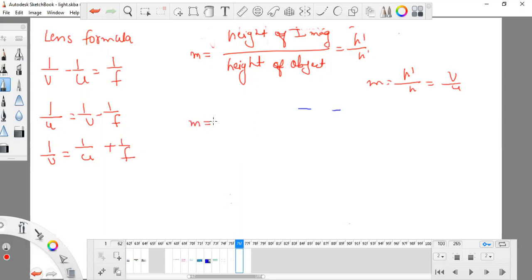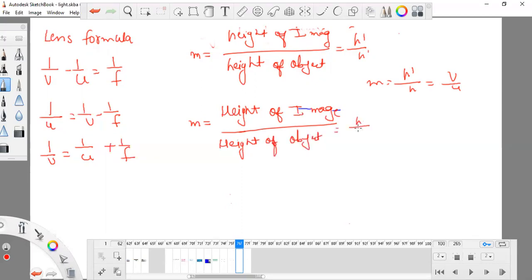M, that is magnification, tells whether the image is enlarged, diminished, highly diminished, or the same size. It is height of image upon height of object, that is h' upon h, and for lenses it will be v upon u. That is the change here.